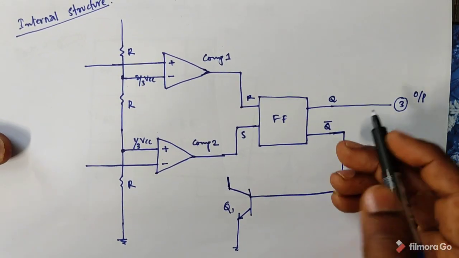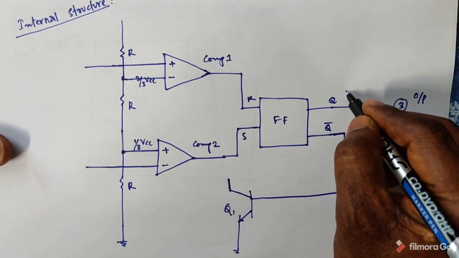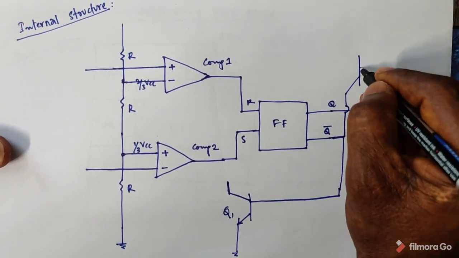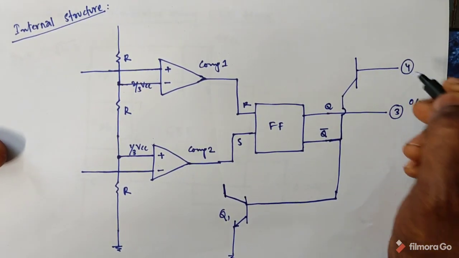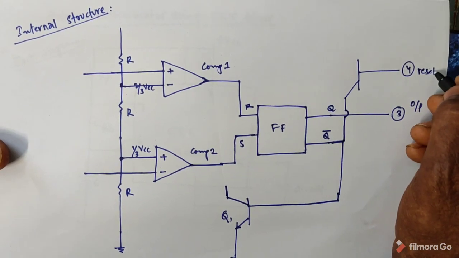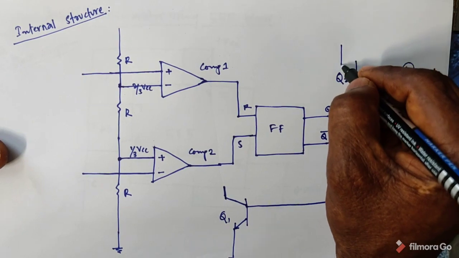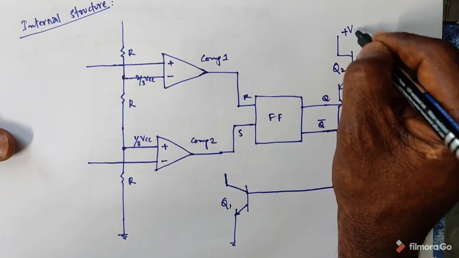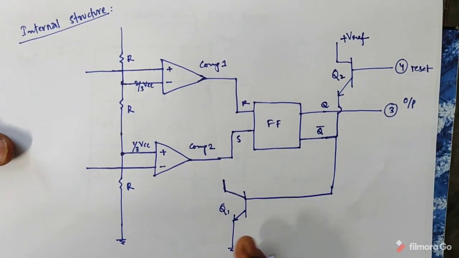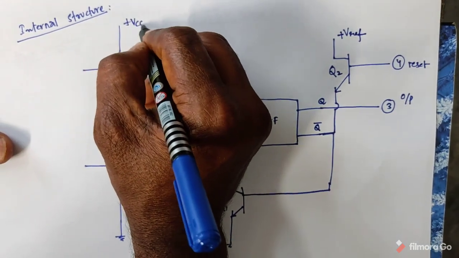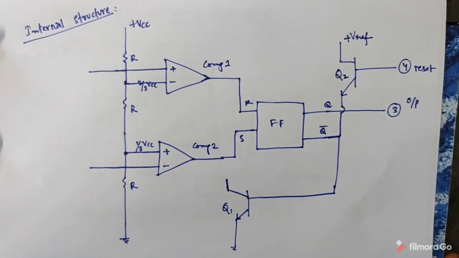And similarly, take another one for the reset pin. Take the 2nd transistor, that is the actual 4th pin, that is reset, that is the 2nd transistor Q2, which is connected from V reference. Okay, this is the actual internal structure, from plus VCC.